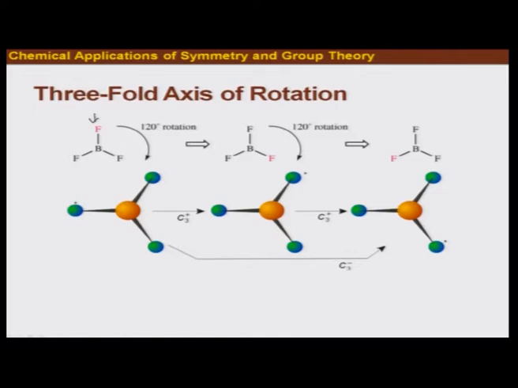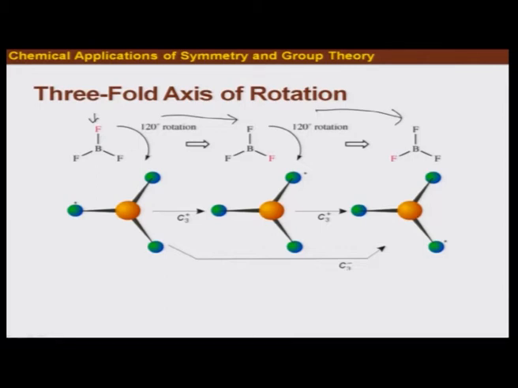Now by 120 degree rotation you get an indistinguishable structure, though you can still distinguish because you have colored one of them separately, but its chemistry is not going to change because BF3 is still BF3. So you can give more rotation and you can change the positions of the fluorine atoms, but they remain indistinguishable, though because of the color you can distinguish them here, at least on pen and paper.